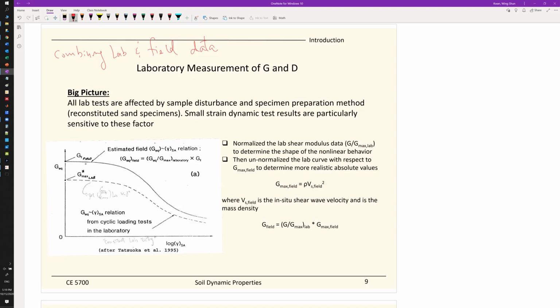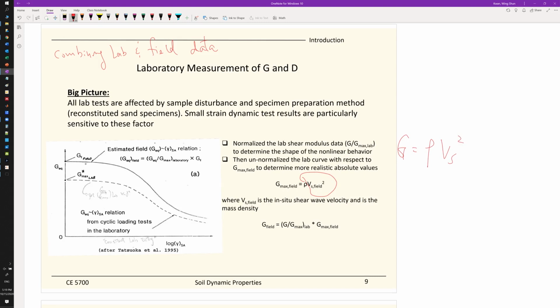So the procedure is, first you establish the normalized lab shear modulus curve, so the G over Gmax, to determine the shape of the nonlinear behavior. And then the field measurements, we talk about the downhole and the crosshole, at the end of this presentation. What you get will be the shear wave velocity values, and this equation here: the shear modulus equals density times the square of the shear wave velocity.